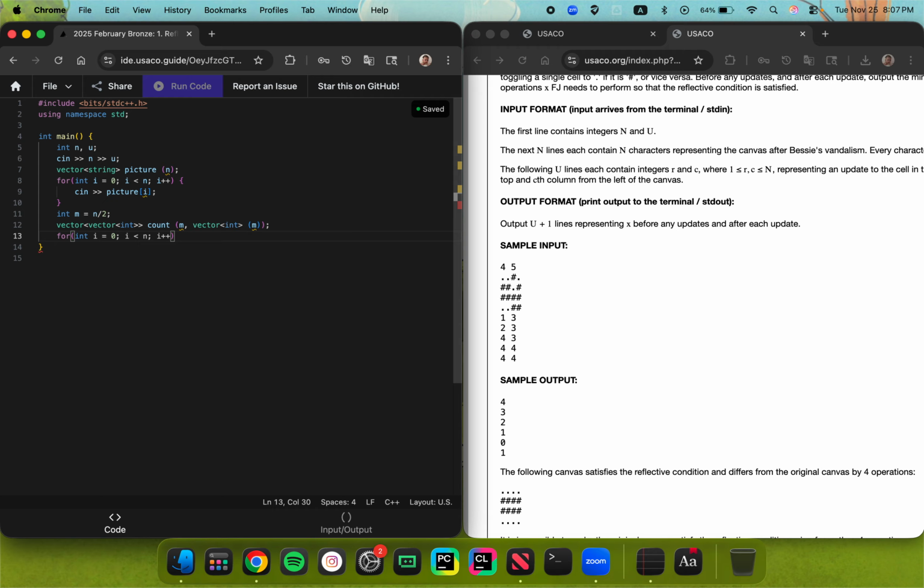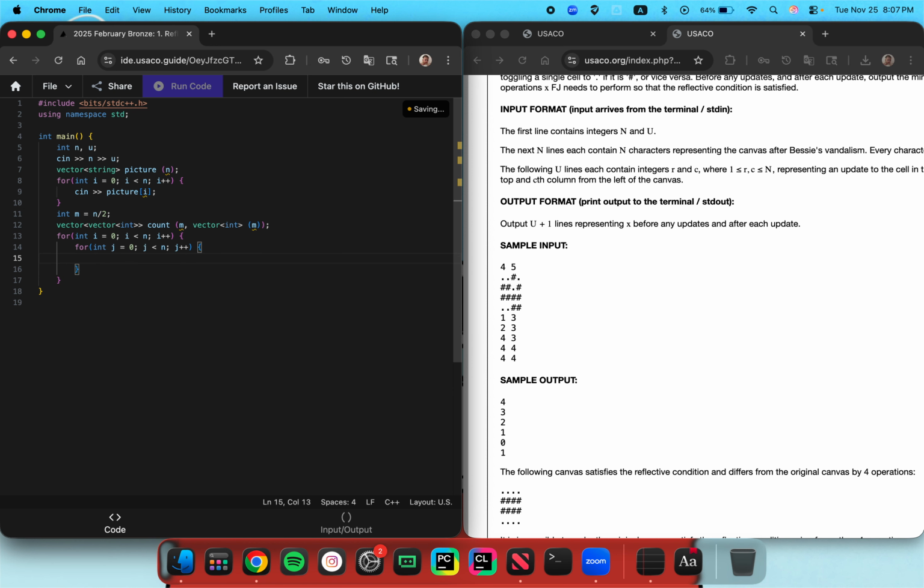For int j is equal to 0, j smaller than n, j plus plus.